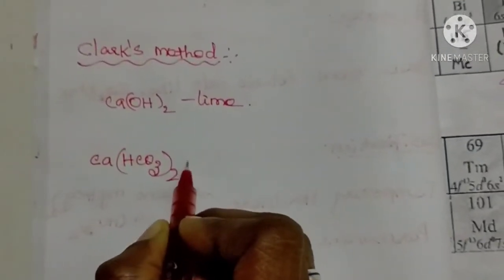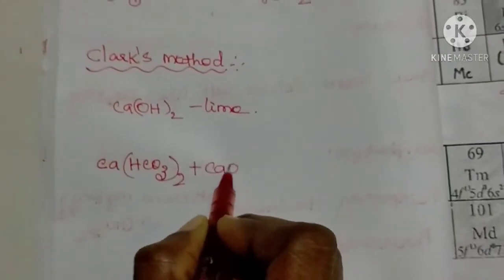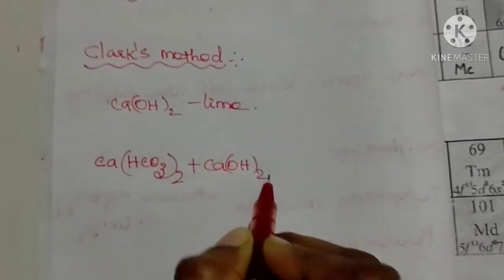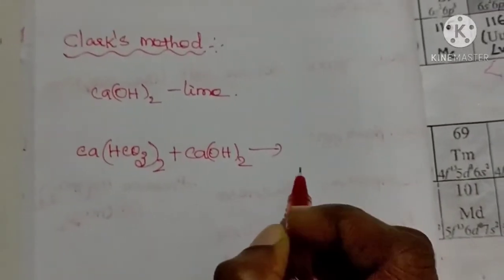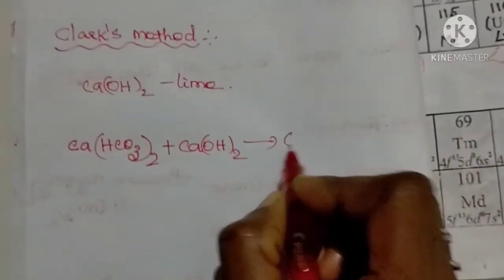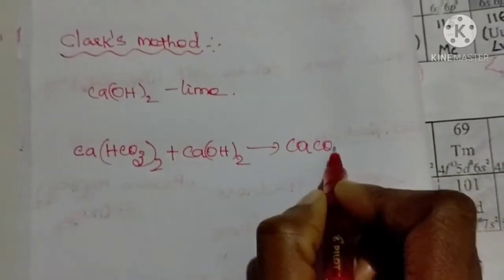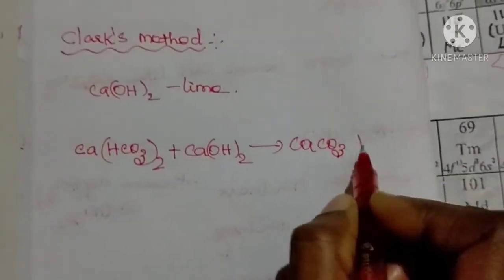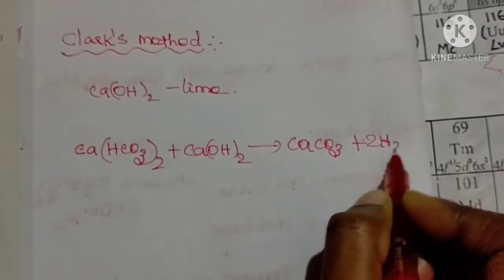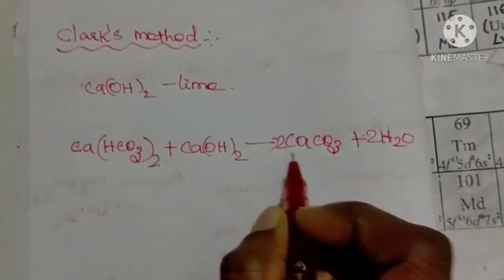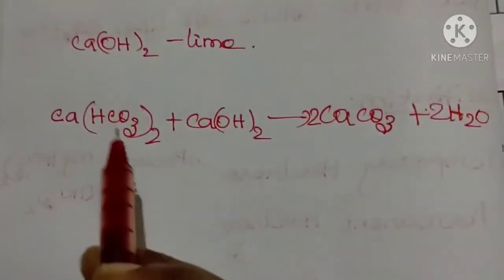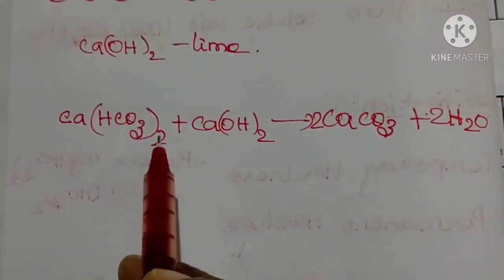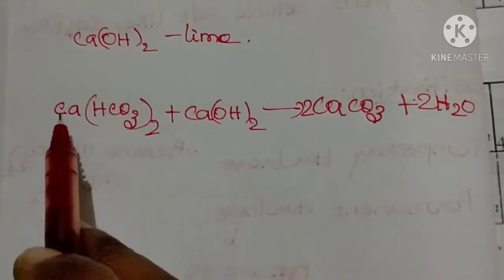So here we can write calcium bicarbonate is treated with lime, calcium hydroxide, and it removes calcium carbonate as a byproduct, and water. 2 molecules of calcium carbonate.